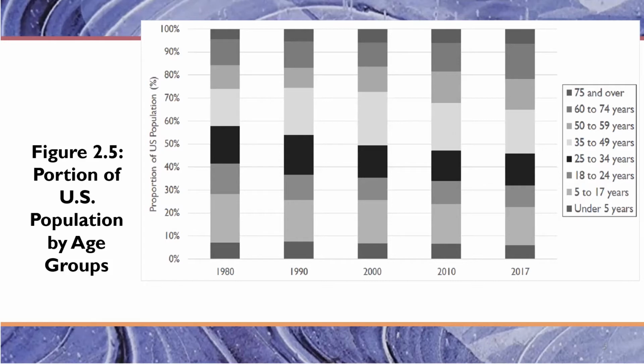This isn't the kind of thing you probably want to hear me narrate in great detail right now, except simply to point out that if you look at the 75 and over, and particularly the 60 to 74-year-old group, you look at the difference between 2017 and 1980, there's a considerable growth in the population of older people in the United States. Then if you even take that 50 to 59 band, so if you take that top three bands, the 50 to 59, 60 to 74, and 75 and above, that has grown considerably as a proportion of the population. In other words, the United States population is, like many populations in the industrialized world, getting older.